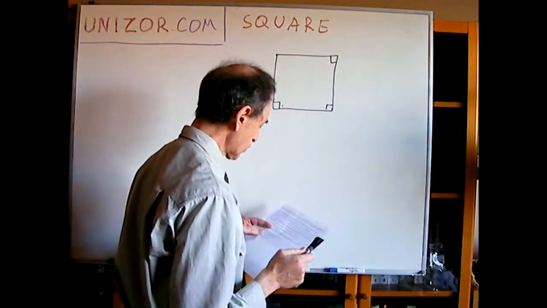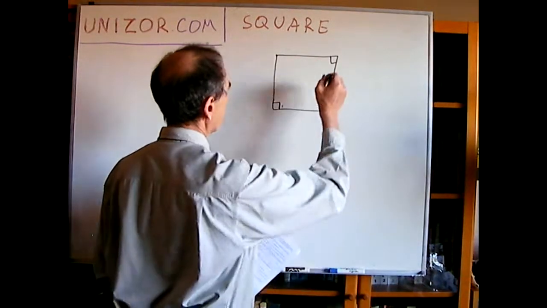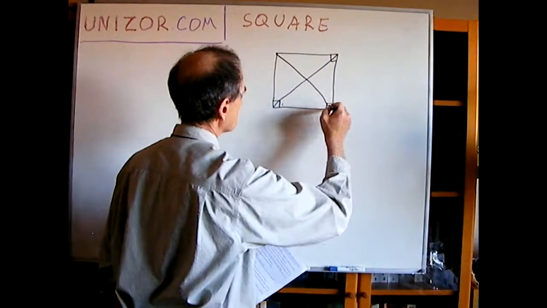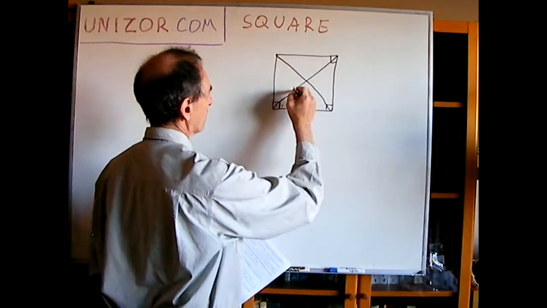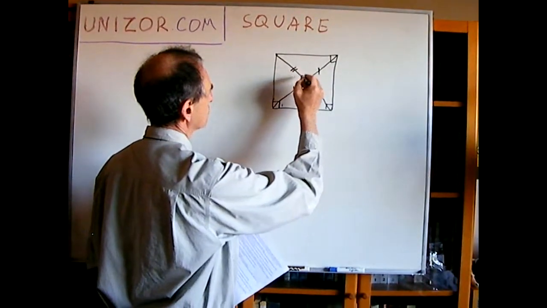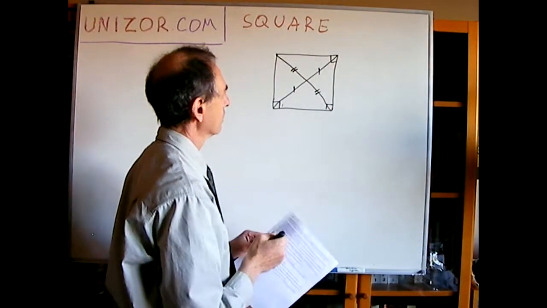Point of intersection of diagonals of a parallelogram divides each diagonal into two congruent pieces. So, in the parallelogram, these two pieces of a diagonal and these two pieces of a diagonal are congruent to each other.